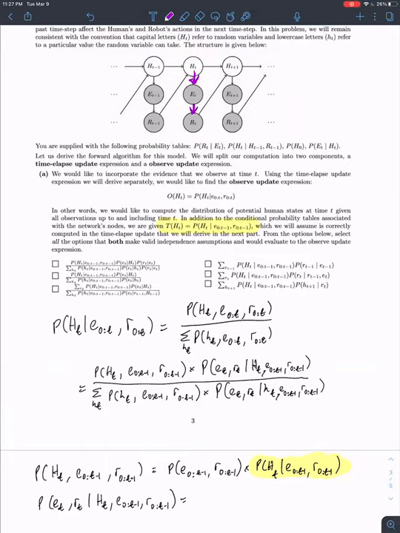That's the conditional probability relation that we have.